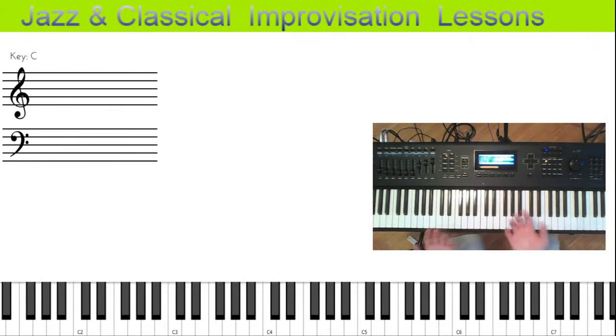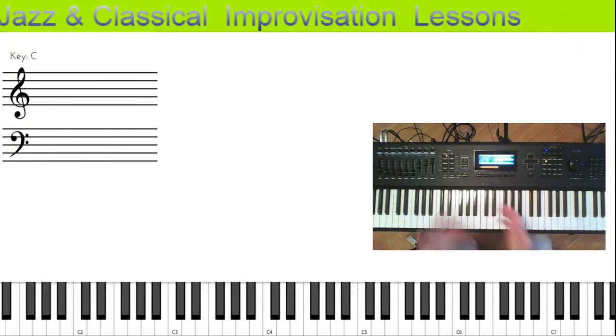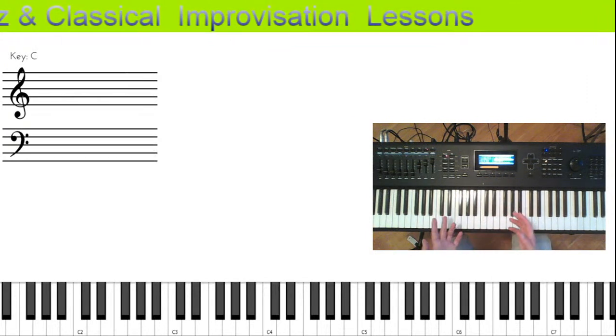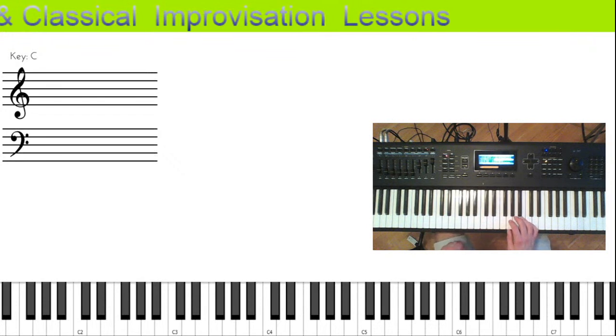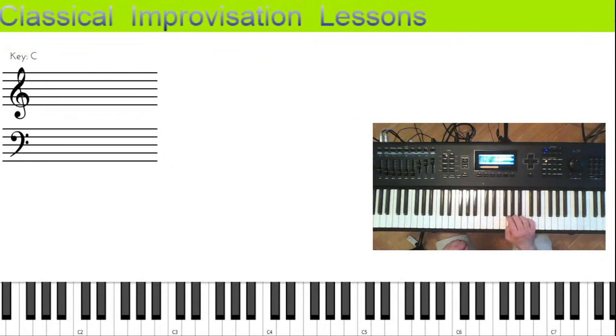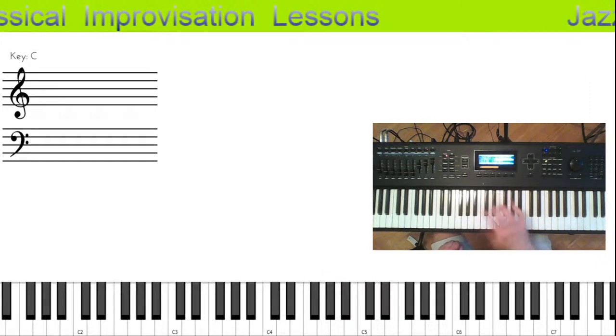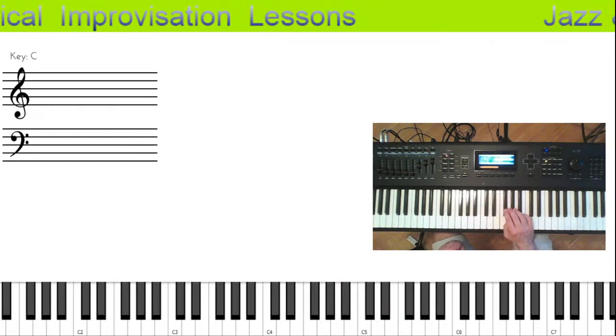So you can see we have only two chords, two scales, and we have already created a relatively nice piece of music. So, okay, what could we do now? We could work a little bit with melodic motifs.